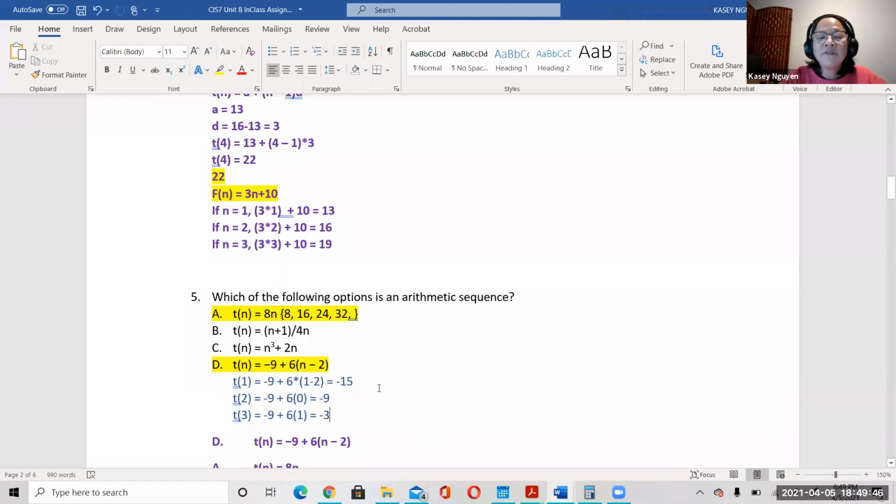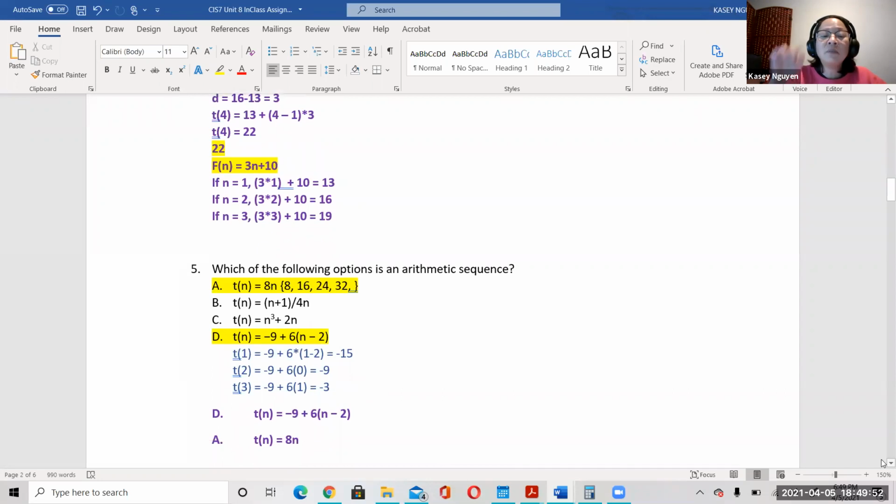So the answer for this would be A and D. And if you're not sure about the other ones, you can plug in 1, 2, and 3 for n, and then you can see if there's a pattern. So for 5, we would choose A and D.